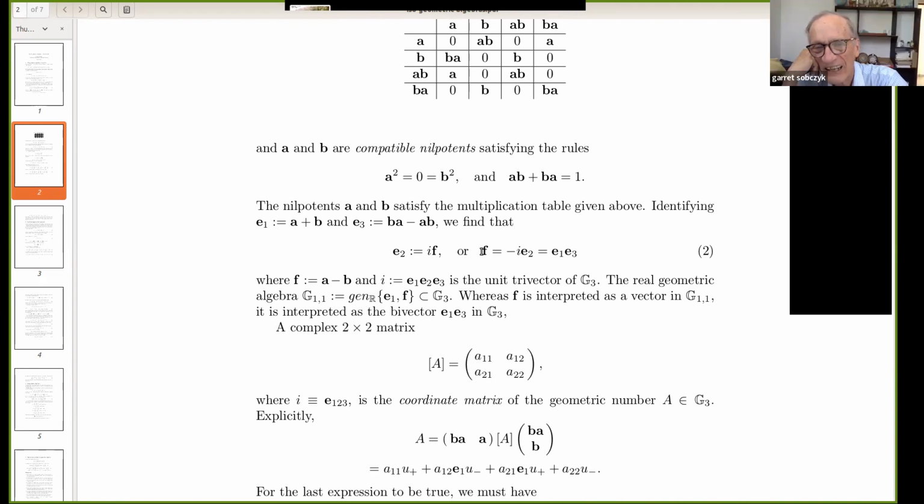Actually, if you consider it, you really only need E1 and E2, because E1 times E2 is equal to I times E3.